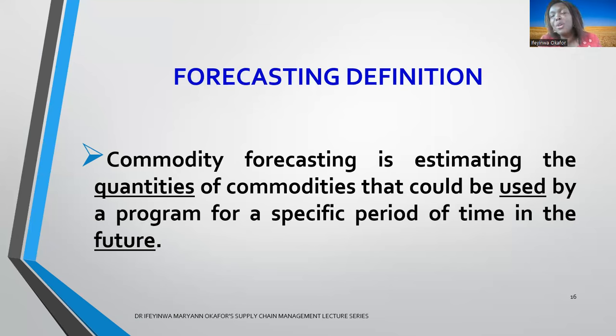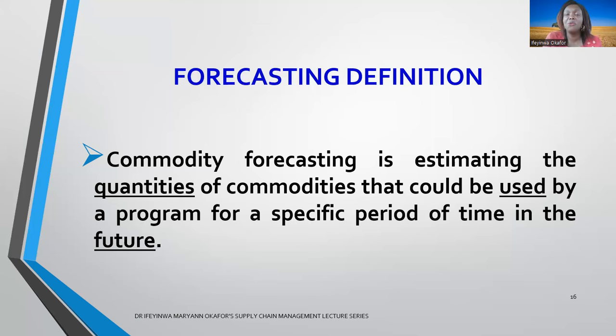So future is also the third keyword. So commodity forecasting is estimating the quantities of commodities that could be used by a program for a specific period of time in the future. That is being able to determine what you will need over a period of time in future, in a particular program.